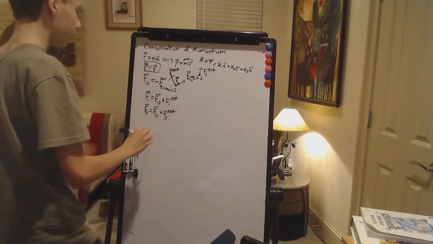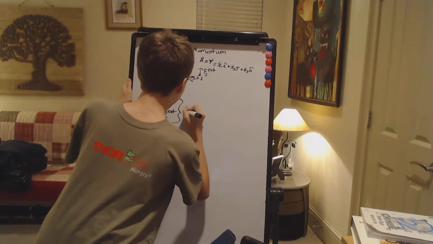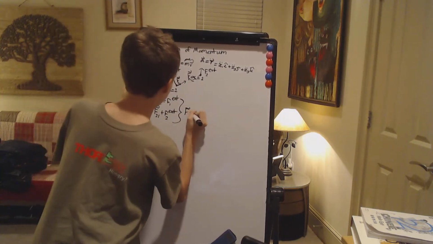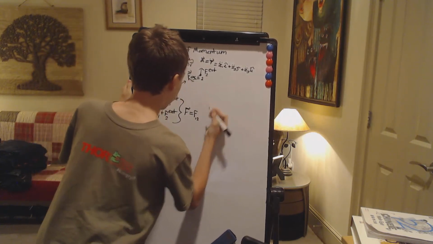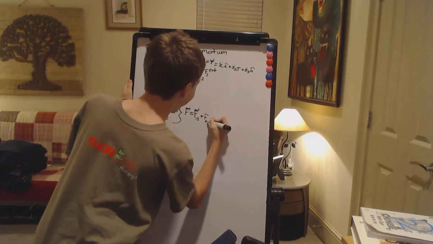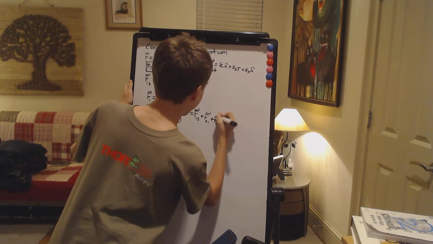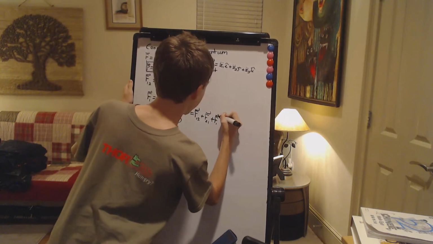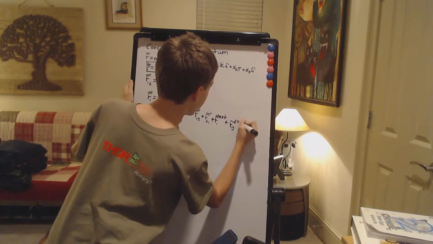Now the total force, which we'll denote as F, equals F on 1 due to 2 plus F on 2 due to 1 plus our external forces, F sub 1 ext plus F sub 2 ext.